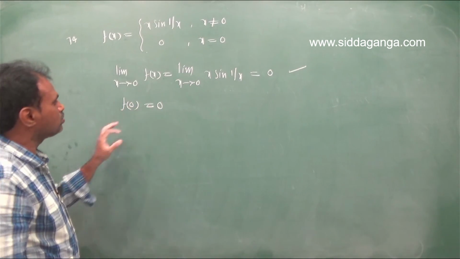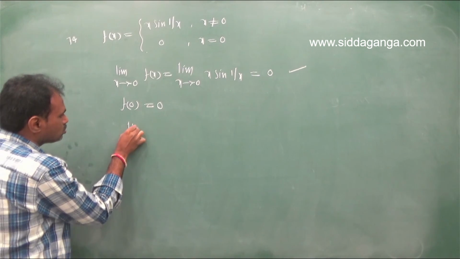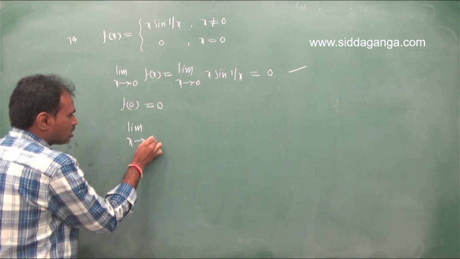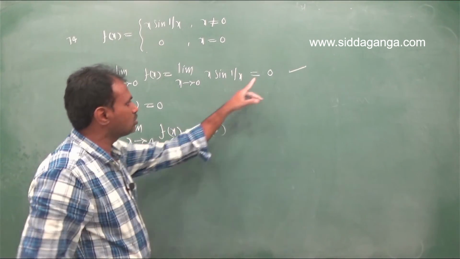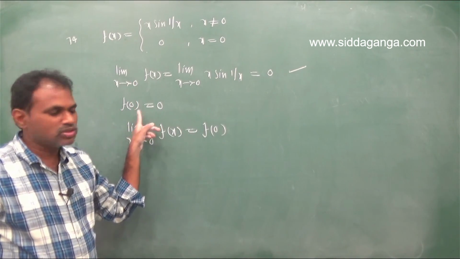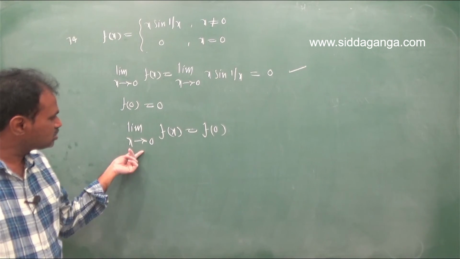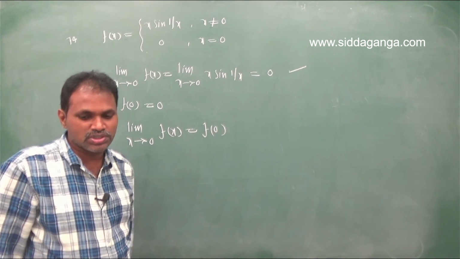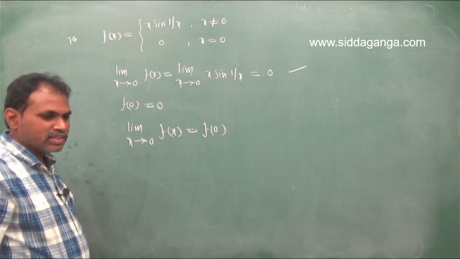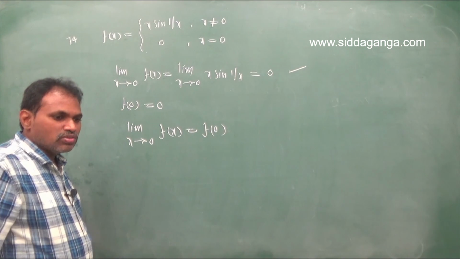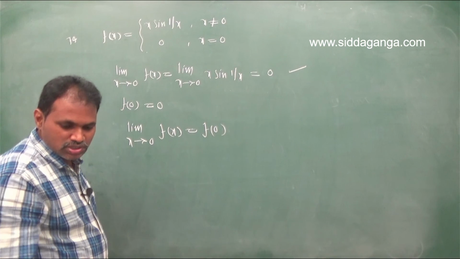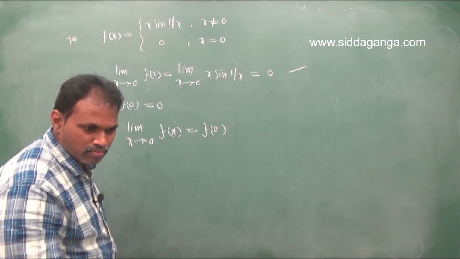Therefore, limit x tends to 0, f of x equal to f of 0. Limit is 0 and function value at 0 is 0. Therefore, the limit exists and it is equal to 0. Third option is right. Next question.